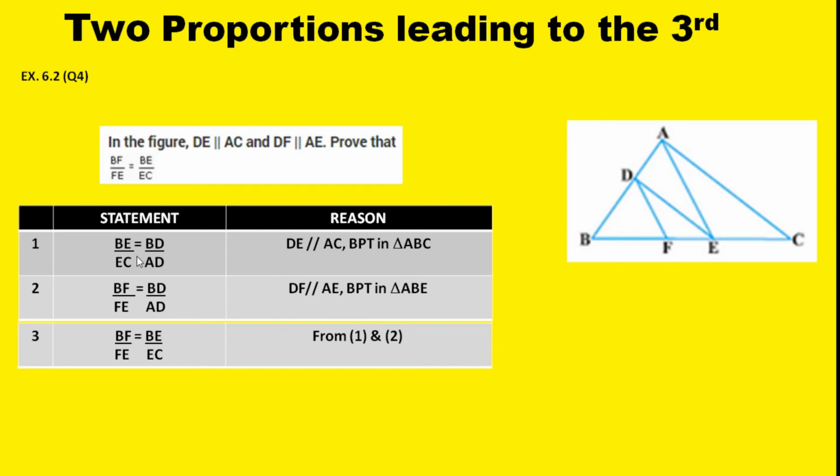Again, very similar to what we have in the previous question. The right hand sides are same. So we will say BE upon EC is equal to BF upon FE. So we've been able to prove two proportions leading to the third. So proportion 1, proportion 2 led to the third proportion in both the problems.